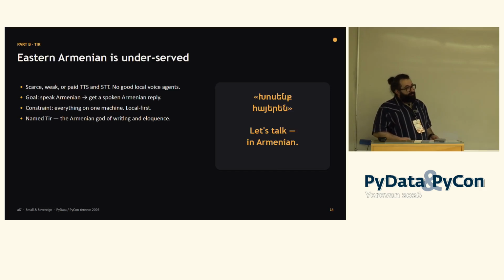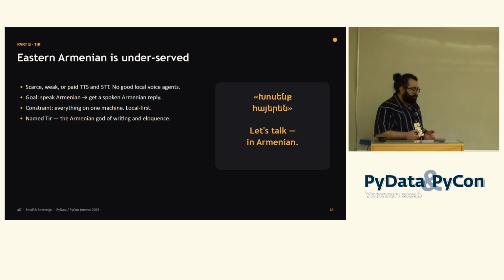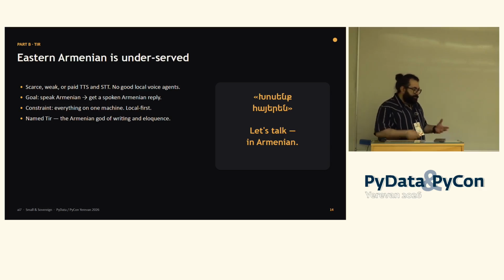And part two of my talk would address what we experimented with the Eastern Armenian language and training a pipeline that tends to address and contribute to providing businesses, users, or anything with usable services or products.